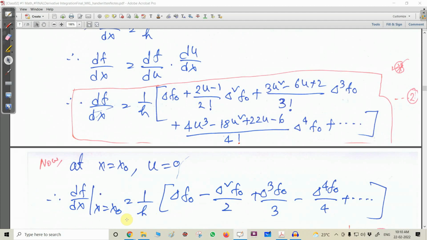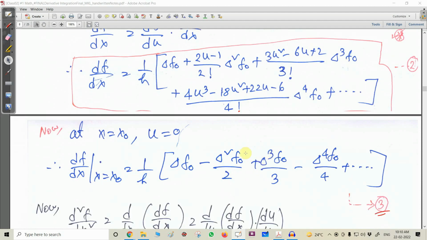Okay, so first write this down. Now at x equals to x0, the df dx will be this value. It will be simplified like this. You will put u equals to 0 in equation number 2, and you will have this equation. That will be your equation number 3. So equation number 2 and 3 are very important.